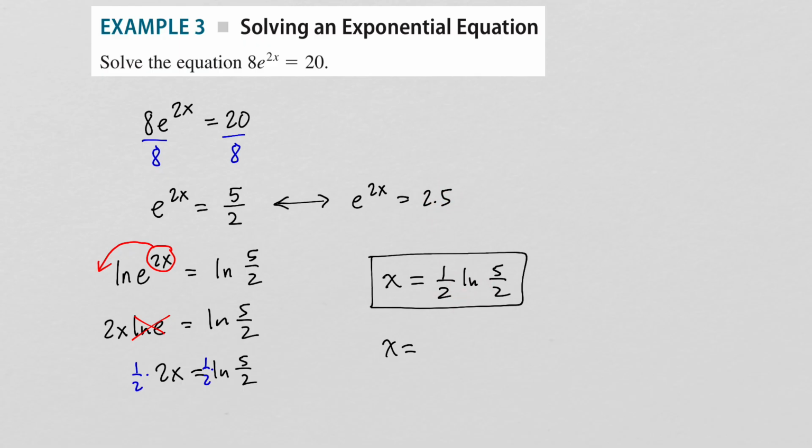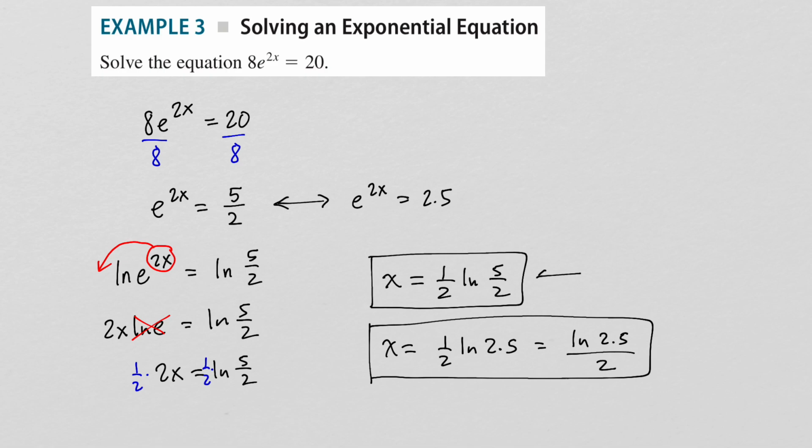So another possible way that you could write this answer would be like this. And of course, if you did that, you could also even write it like this. So all of these are correct. I just personally like this answer the best. Then, of course, you could plug that into a calculator and get a decimal approximation, but I'll skip that here.